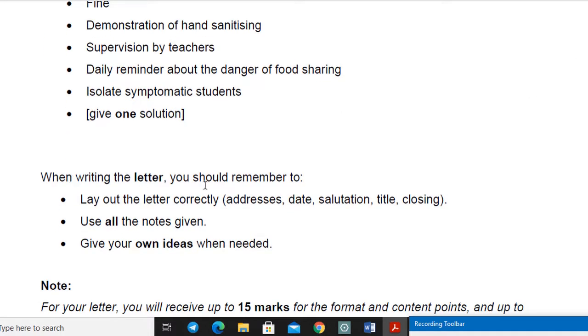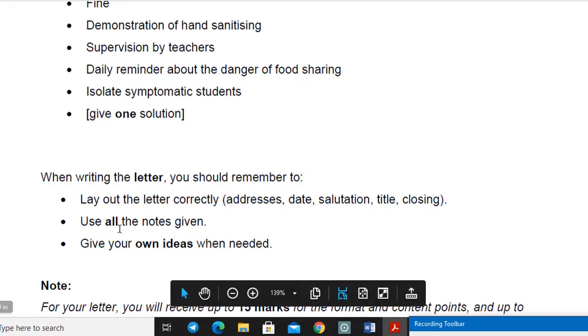When writing the letter, you should remember to lay out the letter correctly. So this is where you get your 3 marks. Okay, so you must have the addresses, not only one address, but 2 addresses. Date, salutation, title, and closing. Use all the notes given.